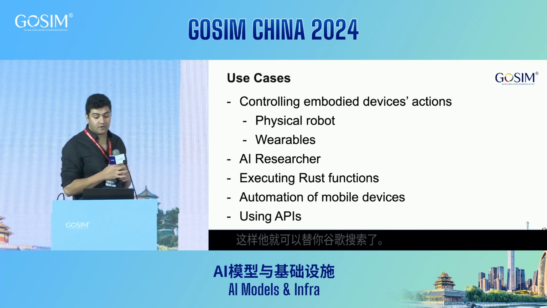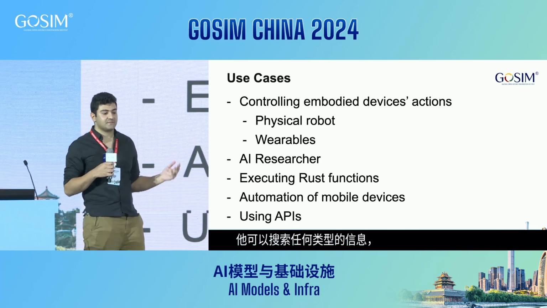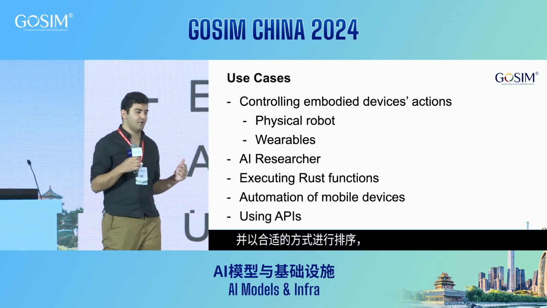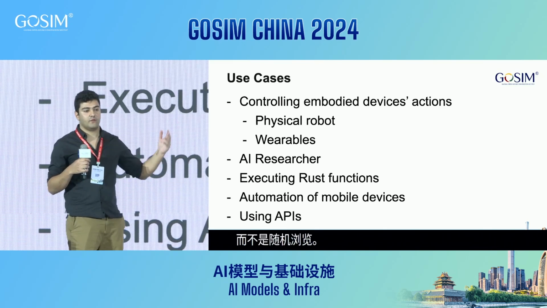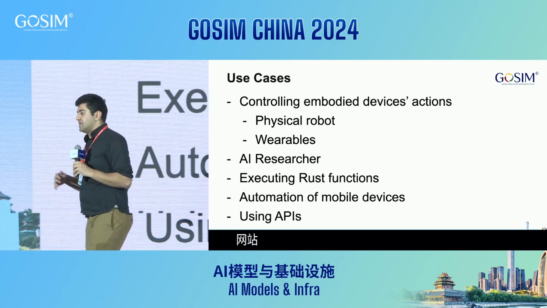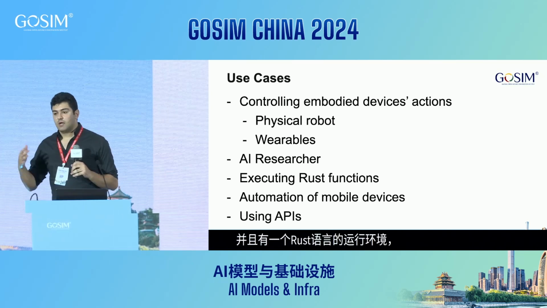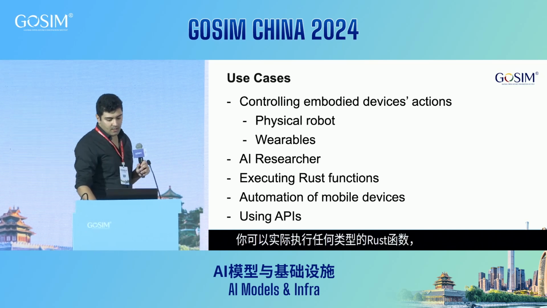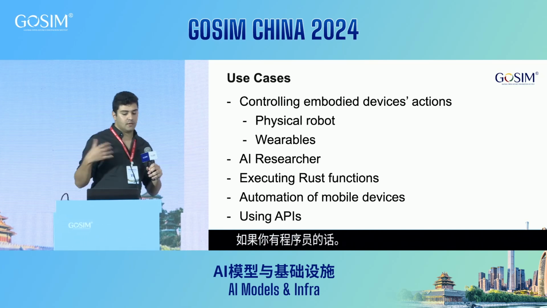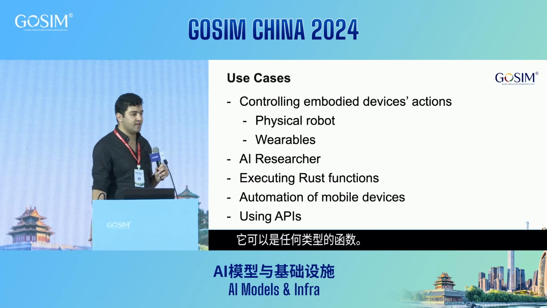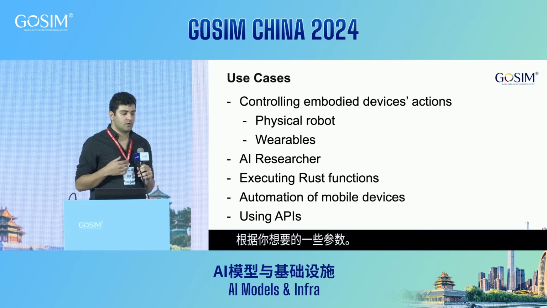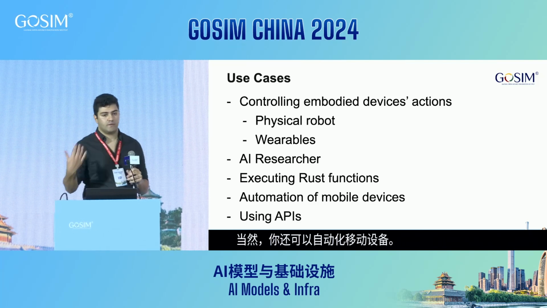And there's Rust, where you can actually execute any type of Rust function too. If you're a programmer, it could be any type of function with certain parameters that you want. And of course, you can automate mobile devices, make them click on certain things.